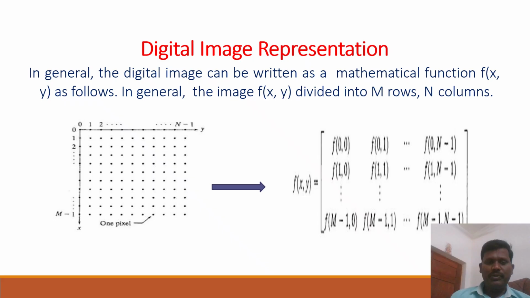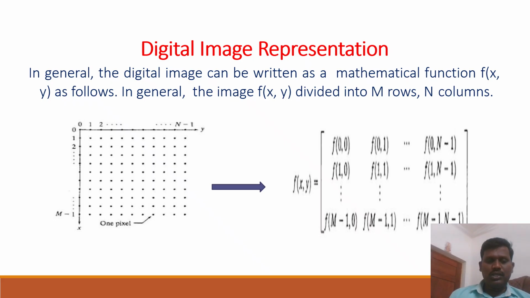Each and every point in the image is represented as a pixel. At each and every point, how much light is available determines how we observe an object.